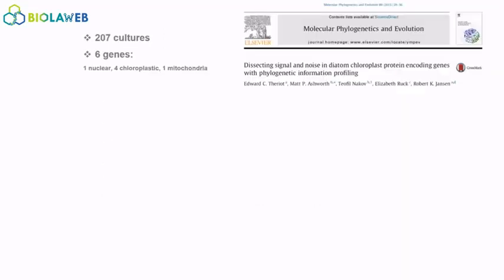And there is a really nice paper of Edouard Theriot and his team, so the American colleagues. What they did, they had more than 200 cultures, and for these 200 cultures, they had 6 genes, so 1 nuclear, so I think it's 18S, 4 chloroplastic, and 1 mitochondrial, so COX1.